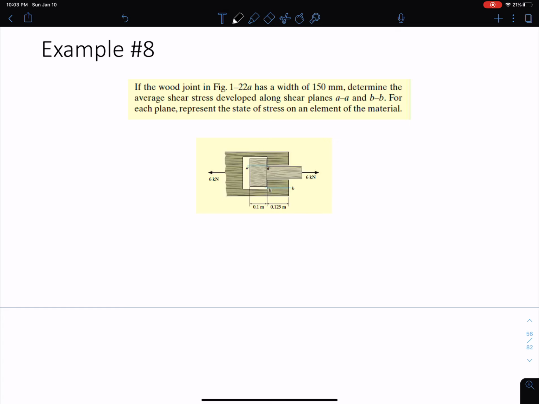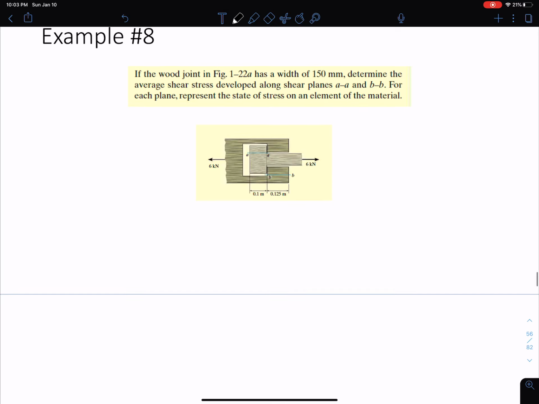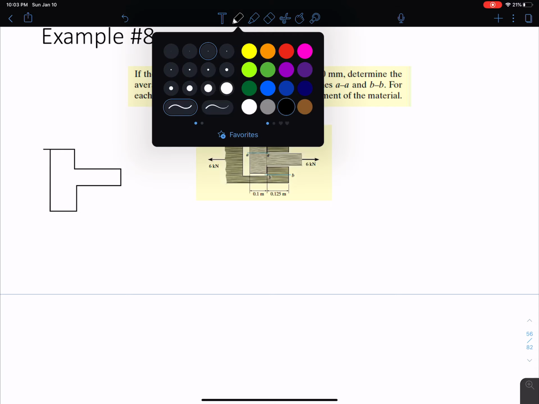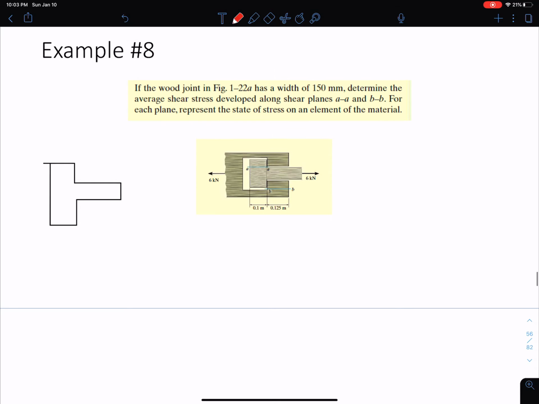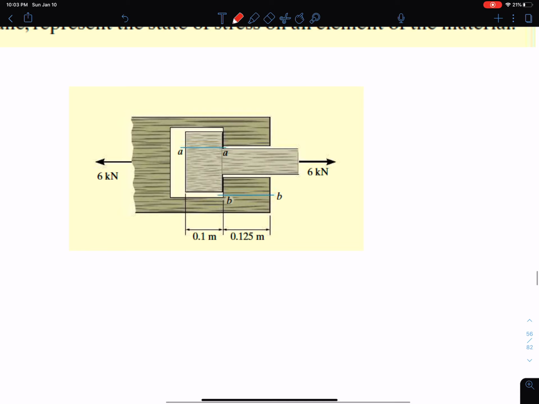Okay. So the first thing we want to do is let's draw that free body diagram of this internal light gray shaded area or system. Okay, and what we have here is, you can imagine if we had this setup here and you're pulling with 6 kilonewtons of force, you see how this plane is blocking the inner light gray member from moving out, right?